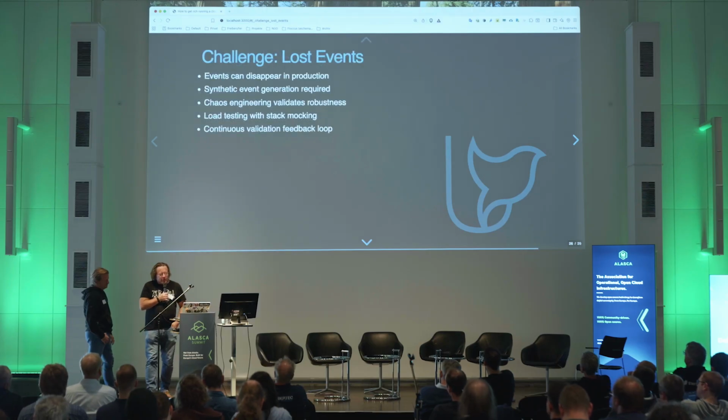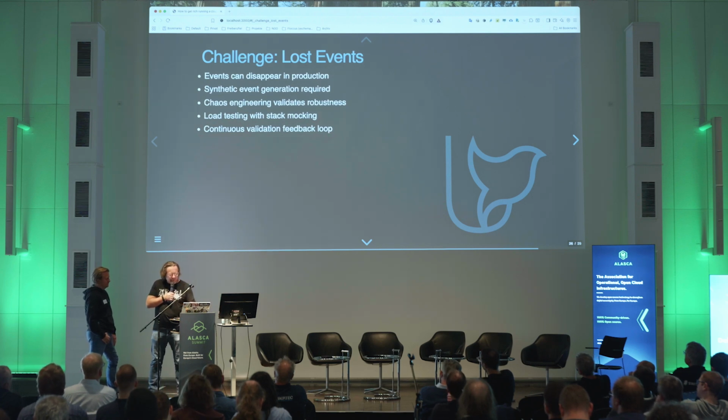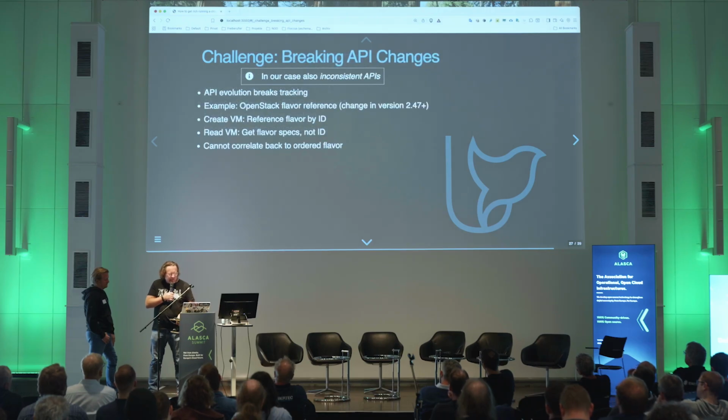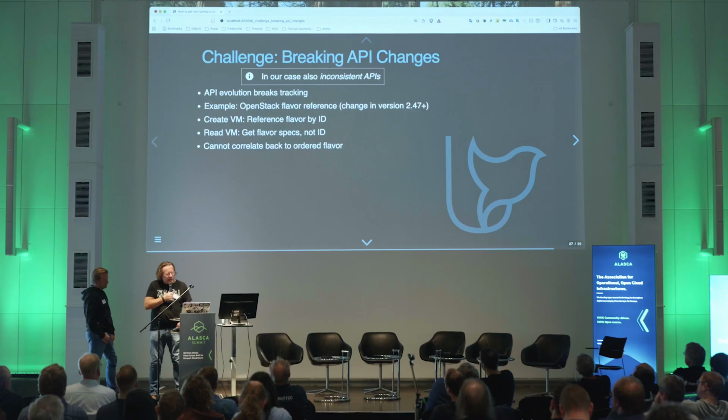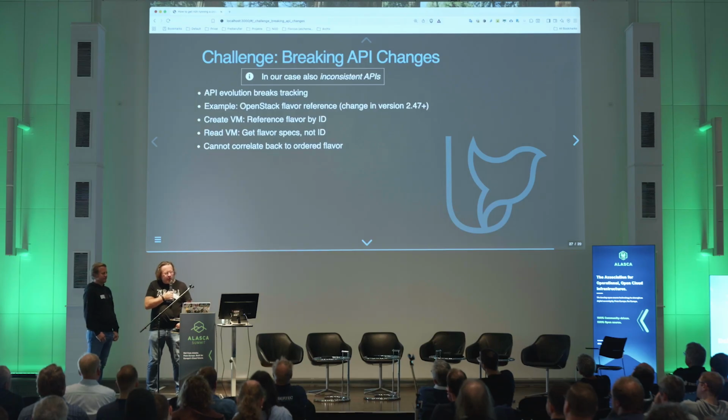I said, okay, we try to prohibit the loss of events. I already elaborated on that. And then we also were faced with some inconsistencies in the API. For instance, my favorite example is the OpenStack flavor reference. If you provision a new virtual machine in Nova, you reference it by a flavor ID, but if you retrieve it, you don't get the flavor ID back, but you get the flavor data.